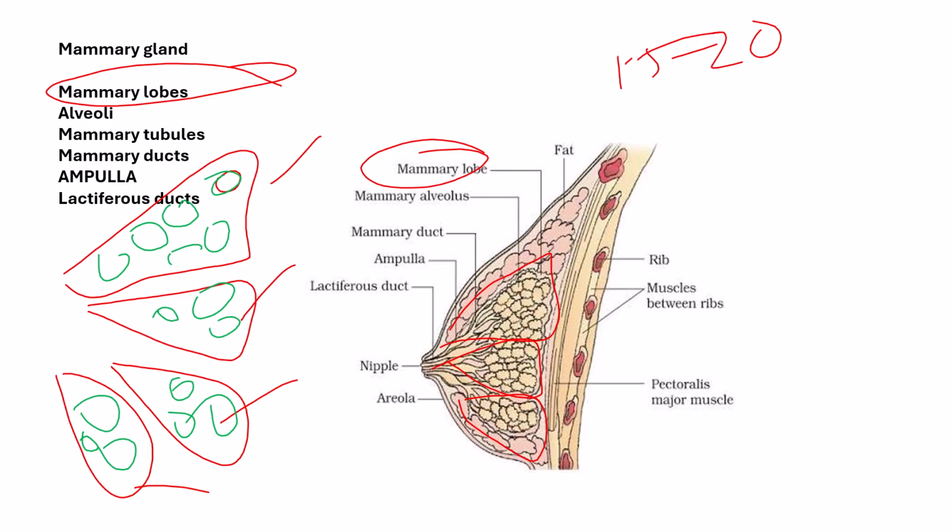But here the alveoli has a central region called lumen. That is the place where the milk is stored. The lumen of this alveoli stores the milk.